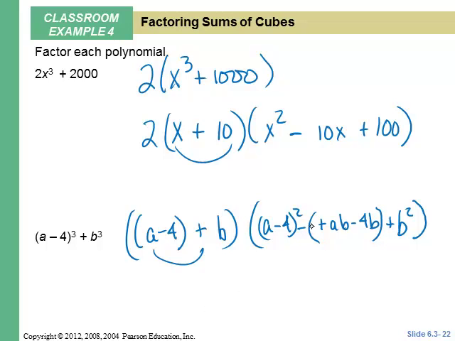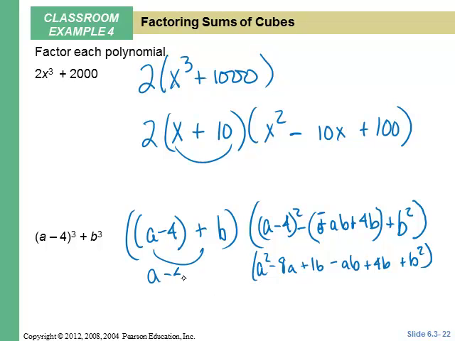So this is going to be negative, which I guess makes this negative and this positive. Okay, square this part is a squared minus 8a plus 16 minus ab plus 4b plus b squared.